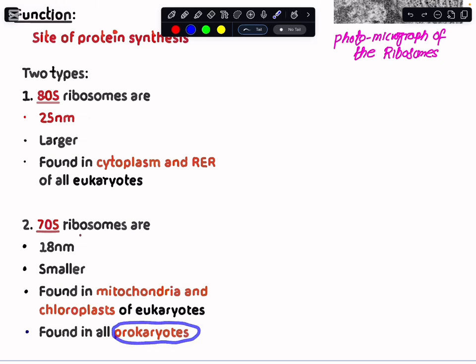But there is something unique: the mitochondria that we have in the animal and plant cells, and the chloroplast that we specifically have in the plant cells, have their own ribosomes, and these are not 80S ribosomes but smaller 70S ribosomes. So the eukaryotes also have the smaller 70S ribosomes, but only in their mitochondria and the chloroplast. But all of the bacteria have these 70S ribosomes in them.